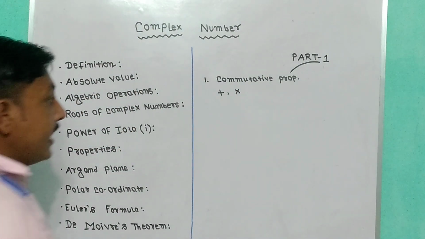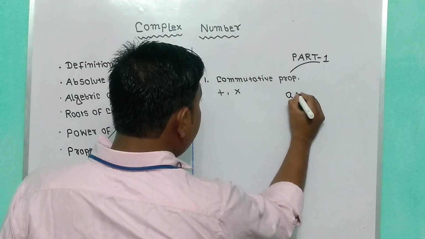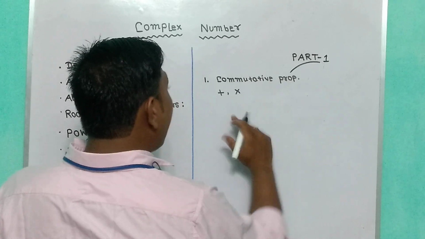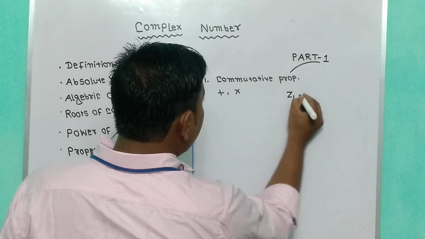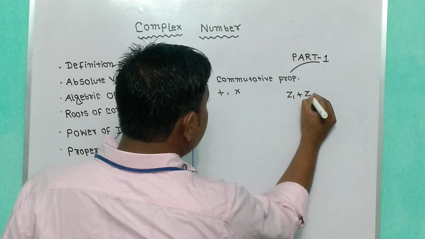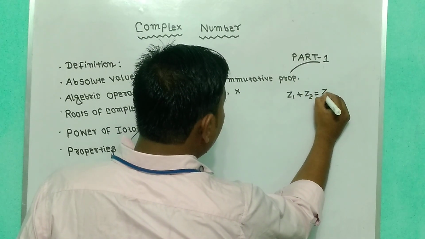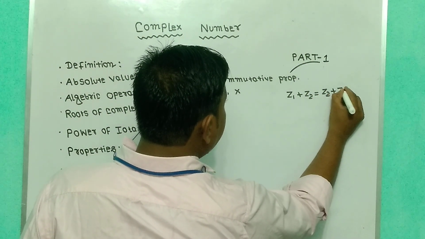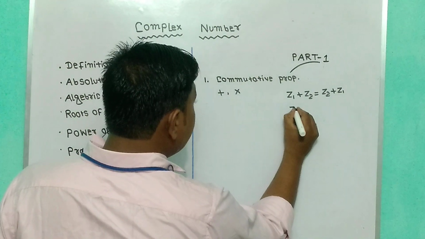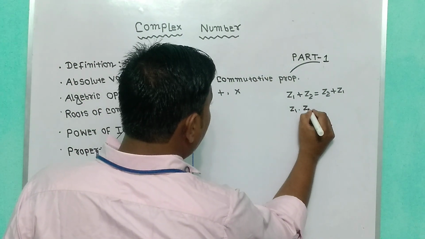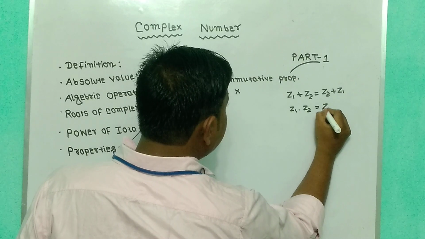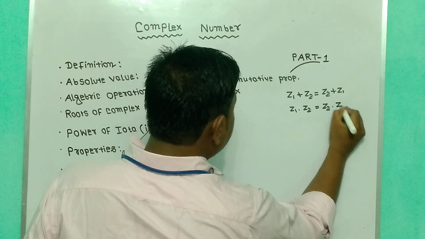What is the property? You can write here z1 plus z2 equals z2 plus z1. And one more thing, z1 dot z2 equals, we can write z2 dot z1.